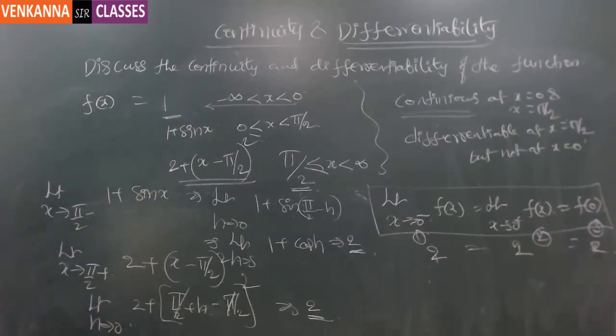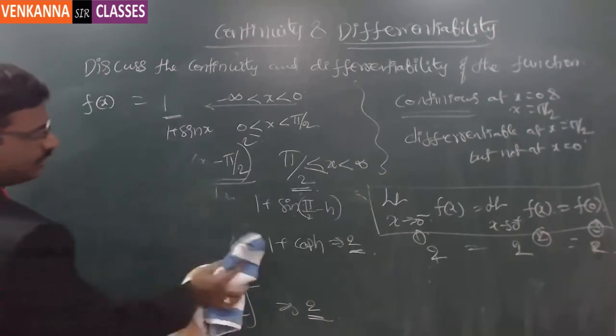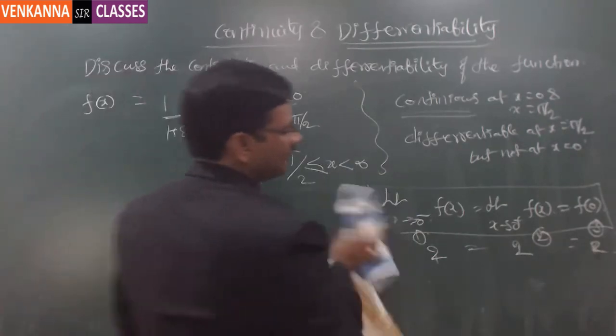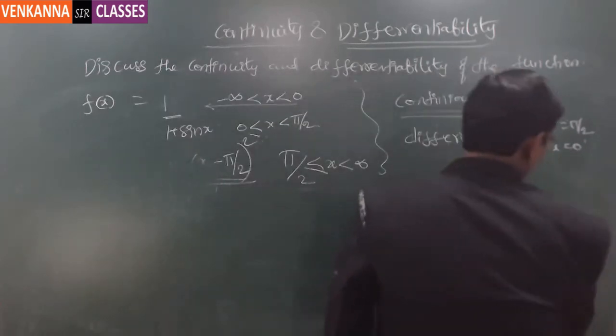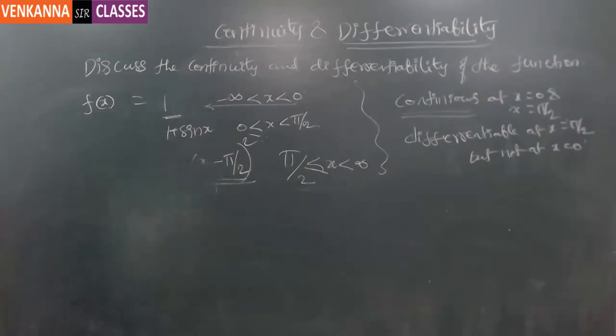So this is the continuity test. Now the differentiability test is: you need to identify the left limit and right limit, both the cases. If both are equal, the function is differentiable. If not, it is non-differentiable.